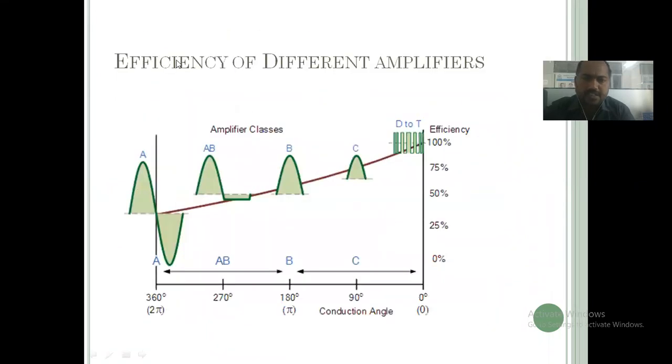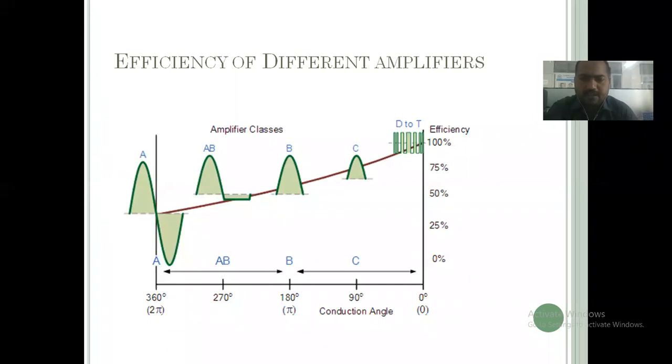This is the efficiency of the different amplifiers. We have already seen the different amplifier configurations, starting with class A, class B, class AB, and class C. One additional type is class D, where whatever the input, voice or any data transmitted, is broken into small pulses.